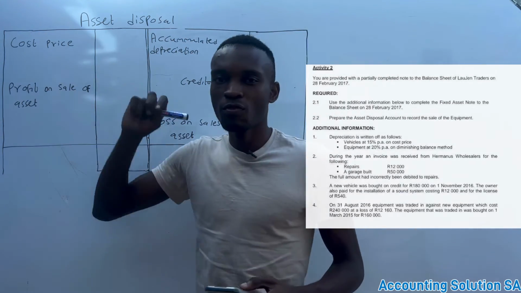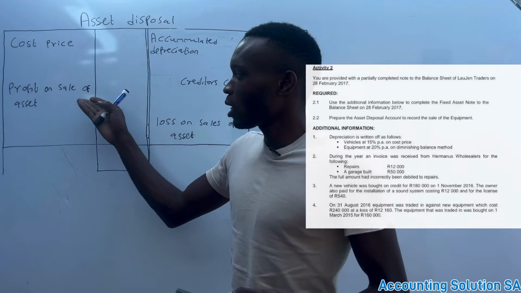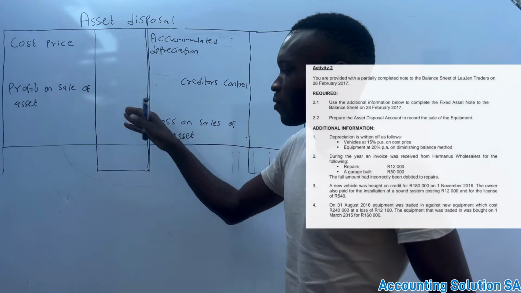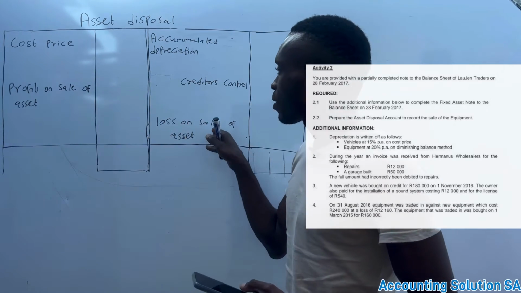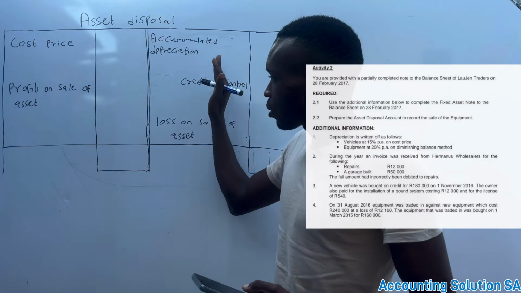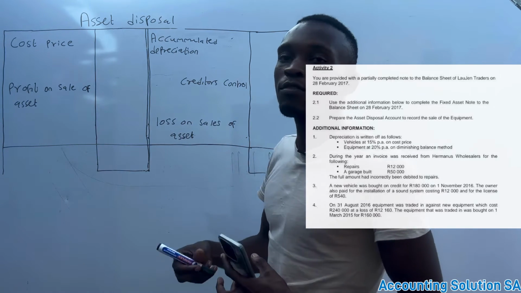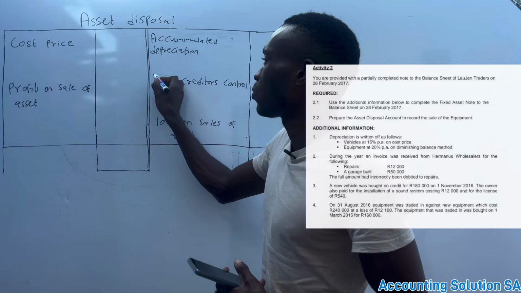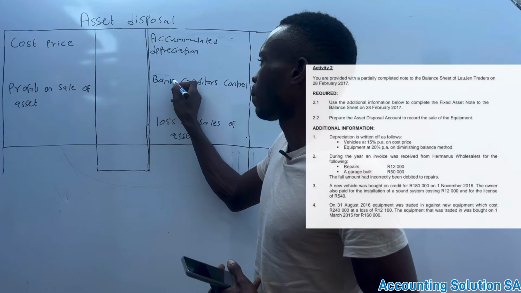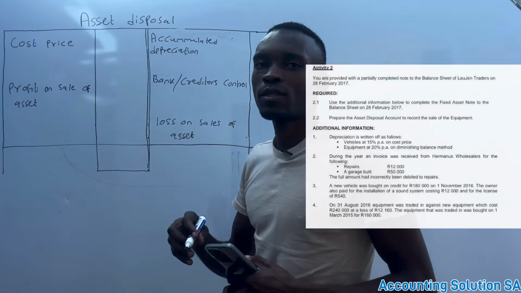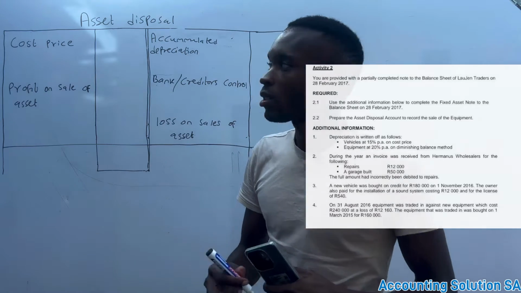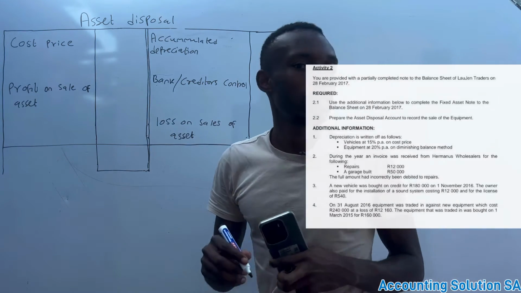A cost price of the item that has been sold, this one and this one; profit or loss is a balancing figure. If we sold it on credit, we are going to write creditors control. If it's cash, we are going to write bank. Accumulated depreciation on the date of sales, we need to record it on the credit side.